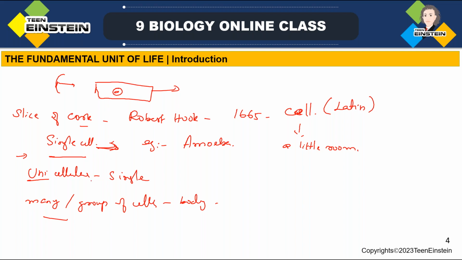Multi means many. So, unicellular and multicellular. Some fungi, plants, and animals are all examples of multicellular organisms.